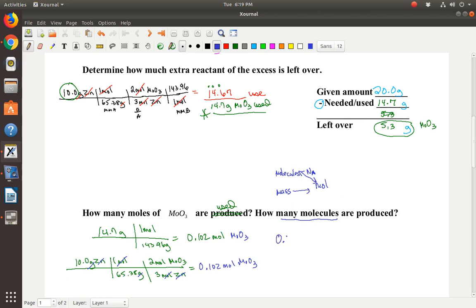So 0.102 moles of MoO3, and how many molecules is that? Well, remember that 1 mole of anything is 6.022 times 10 to the 23rd things, 10 to the 23rd molecules. So now we cancel moles and moles, and we end up with how many molecules.